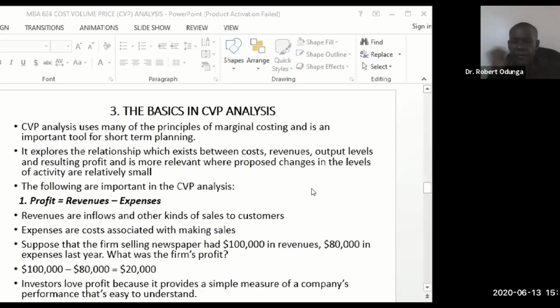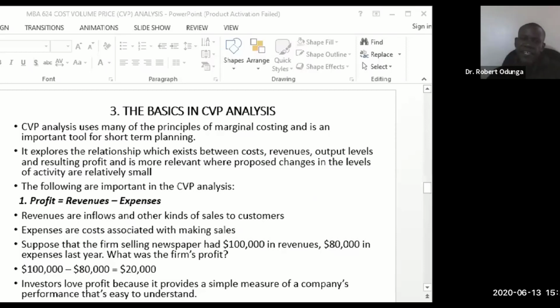Okay, so we can continue and look at the basics. Now the basics in CVP analysis: this is where we'll have to understand some formulas.